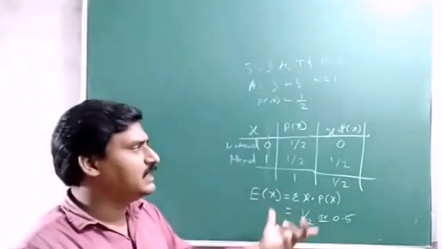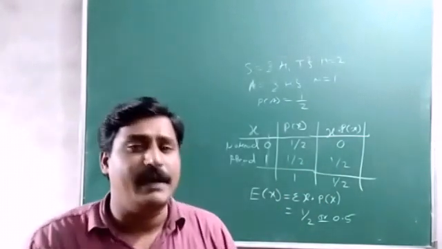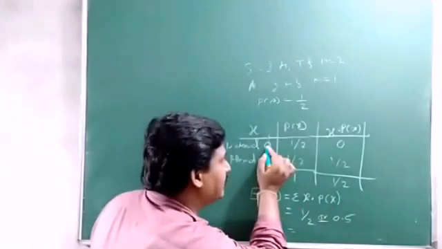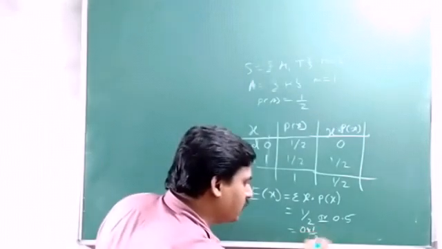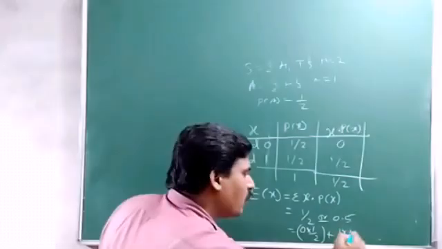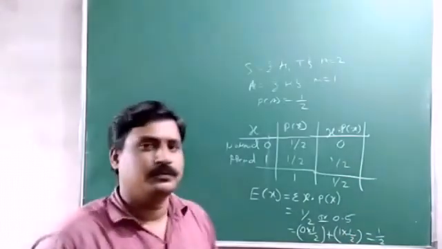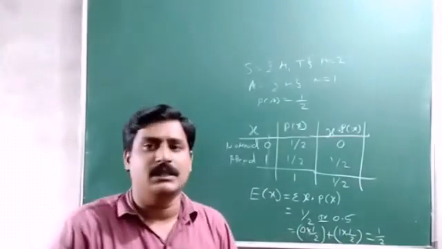This is how we find it with the help of a table. If you don't use a table, then x is 0 with probability 1 by 2, so 0 into 1 by 2 plus 1 into 1 by 2, that is equal to 1 by 2. Whichever method you apply, you get the same result.